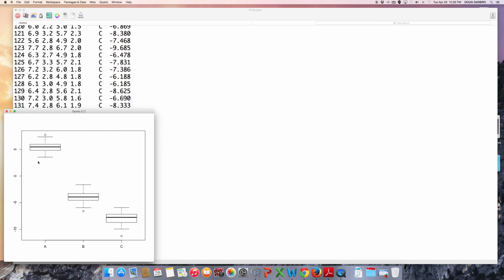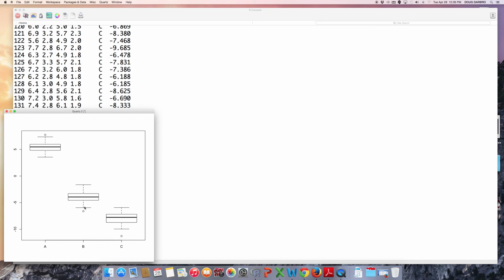So it looks like to be classified in group A, you're going to need a positive discriminant score.